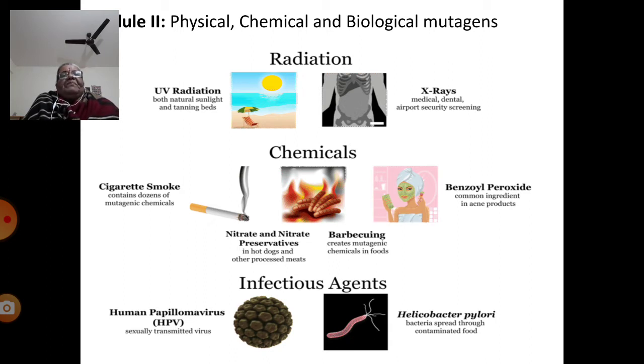So human papillomavirus HPV causes cervical cancer, and then Helicobacter pylori causes ulcers in the intestine. So these are all different types of mutagens which bring about mutations, that is changes in DNA material. One by one we shall study in detail.